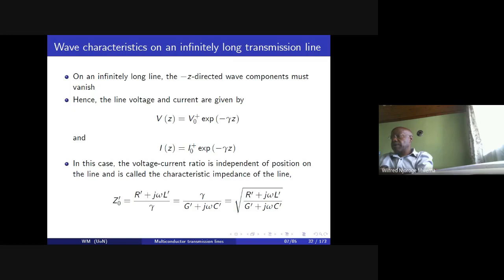And this, when we replace gamma by the square root of Z prime multiplied by Y prime, we get that value there. That is the square root of the series impedance per unit length divided by the shunt admittance per unit length.